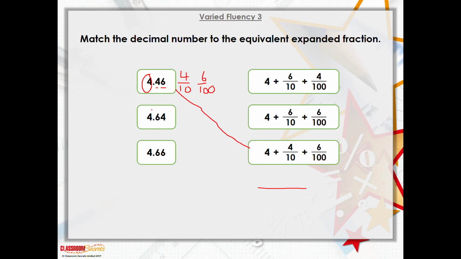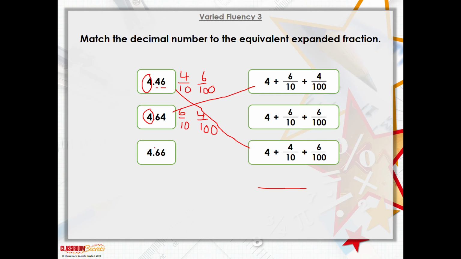Right, and then we're looking at the next one. We have 4 whole numbers. We have 6/10, and we have 4/100ths. I'm looking across to my right hand column, and straight away I notice that's there.